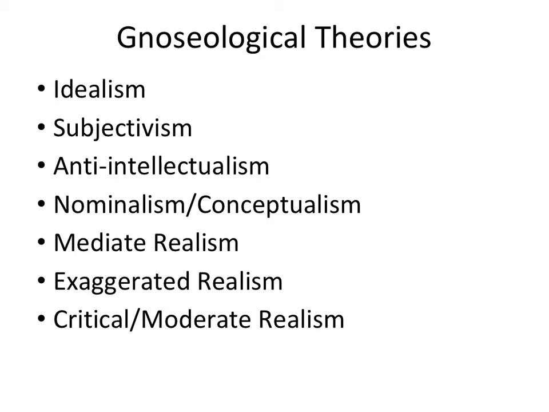What we're going to be adopting in this class is what's called critical or moderate realism, which says, okay, there is a world outside of us, and we can really understand the world outside of us. That's the common thing for all the realisms. So realism says we can understand things outside of us.